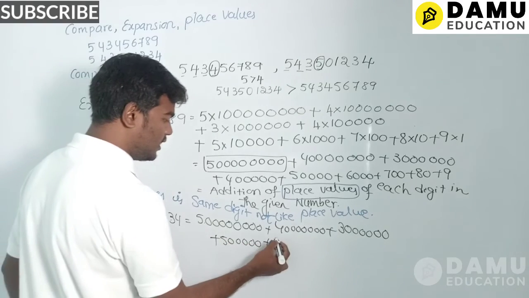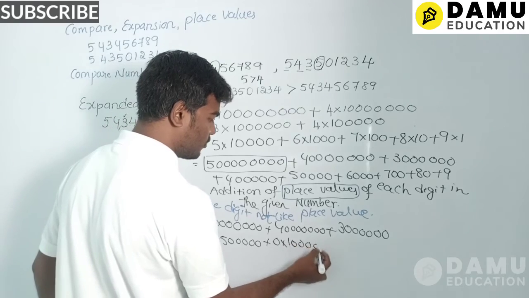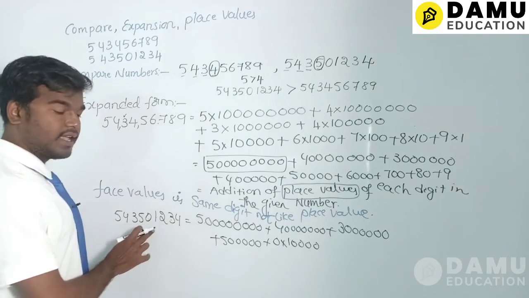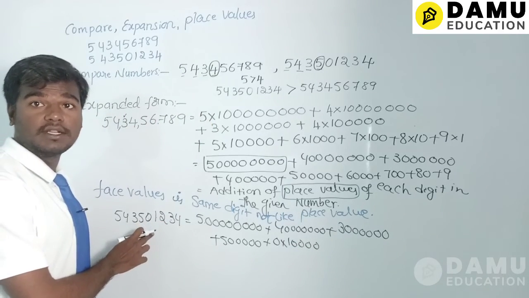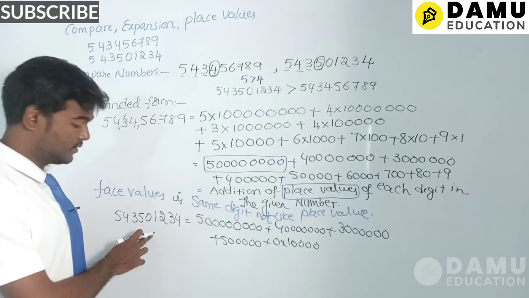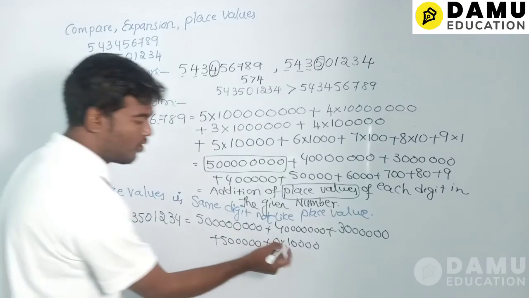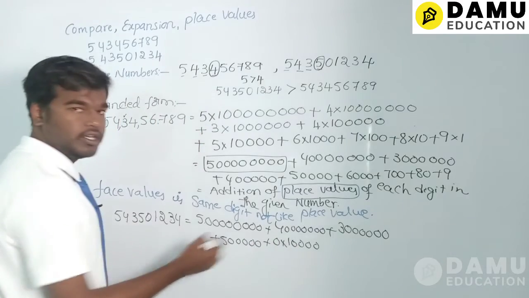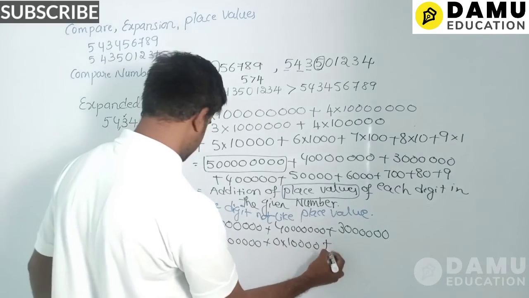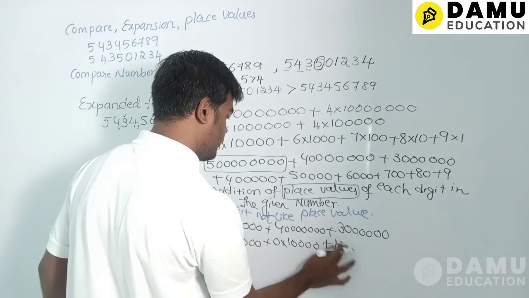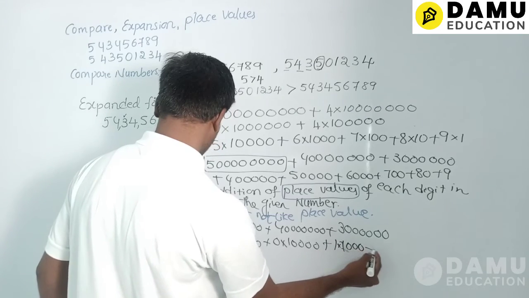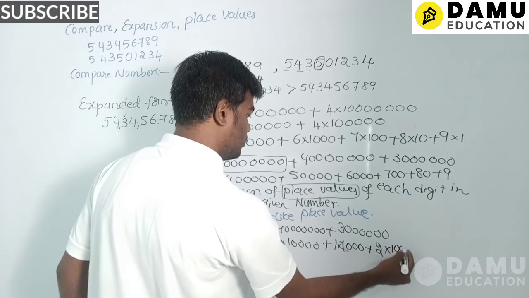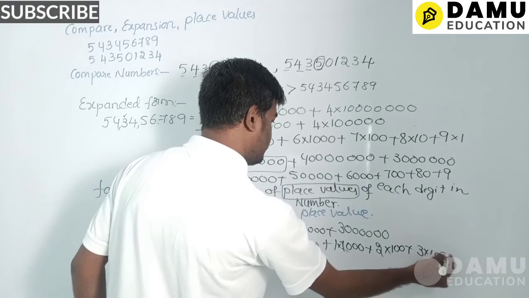plus 0 into 4 zeros. Why? Because we need to include 0 also. Don't forget about this. We have to include 0 also in the expanded form. That is 0 into that many zeros. Then plus 1 into 3 zeros, plus 2 into 10, plus 3 into 10, plus 4.